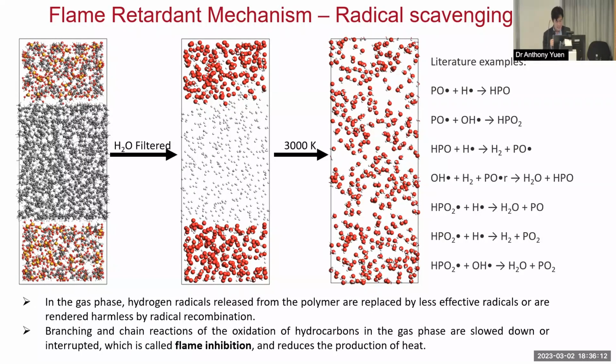We call this interruption and slowdown of the flaming process flame inhibition. This has been talked about many times in the flame retardant world, but no one has actually given a theoretical explanation of why this is happening. But maybe this could be a beginning of an answer to that.